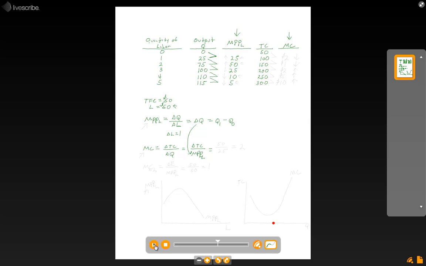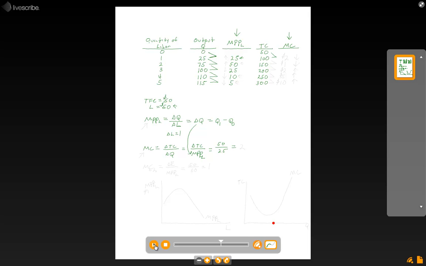So let's calculate it if we hire our first worker. Our change in total cost for hiring our first worker is going to be 100 minus 50, so our change in total cost is going to be $50, divided by the marginal physical product of labor for our first worker, which is going to be 25.